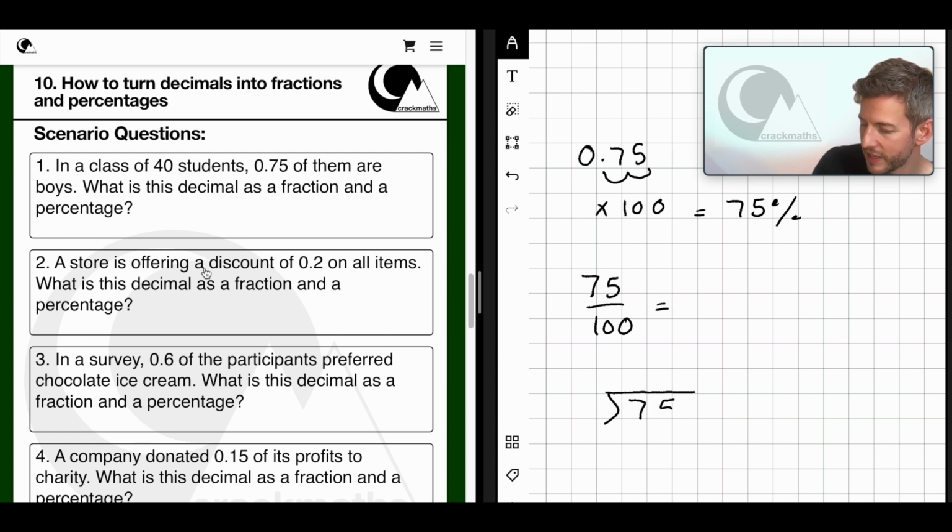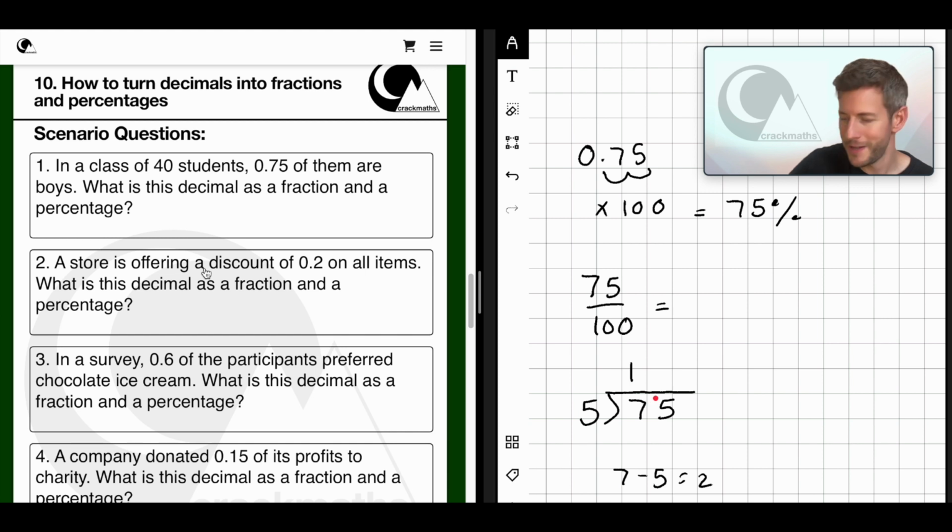So 75 in the middle, 5 on the outside. 5s into 7 go once, and then we do 7 take away 5, which is 2. And now I'm going to put the 2 up here. And now we're looking at 5s into 25, which is 5. So I know that 75 can simplify to 15. And I know that 100 divided by 5 is 20. So we now know that 75 over 100 is 15 over 20.